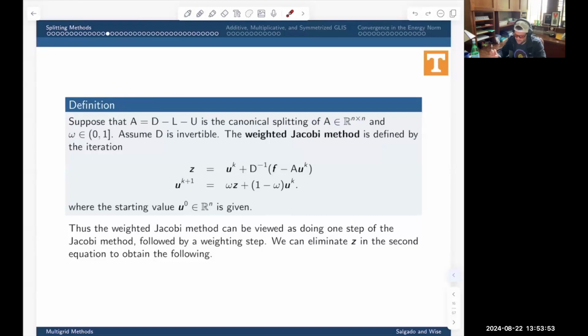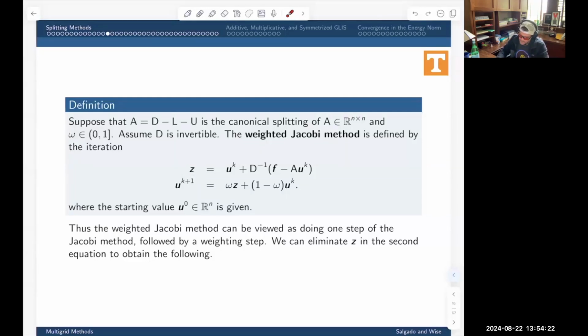Now, one method that we're going to run into, which turns out to be really important, is something called the weighted Jacobi method. And the weighted Jacobi method is exactly like the original Jacobi method. Okay, so there's the original Jacobi method. And normally this would be u^(k+1), except that you're going to compute that next iterate, but you're not going to call it u^(k+1). You're going to put it in your pocket, and then you're going to do what's called a weighting step.